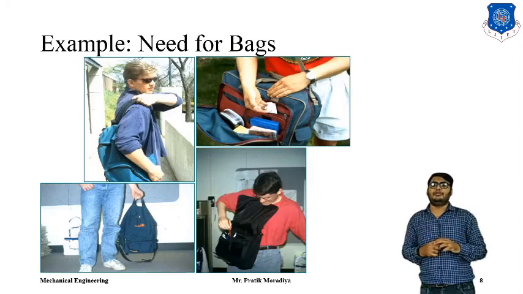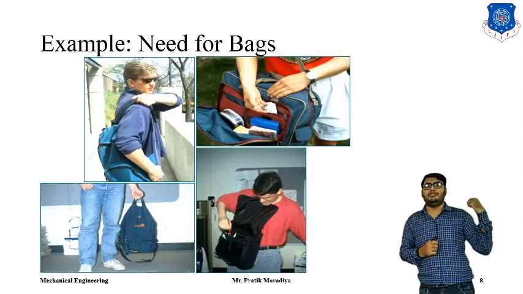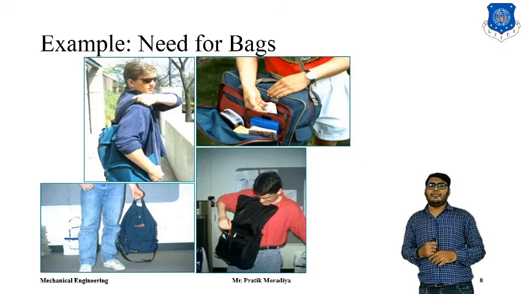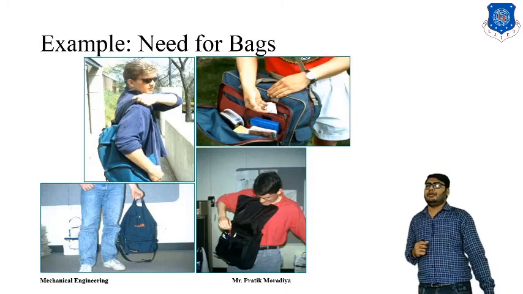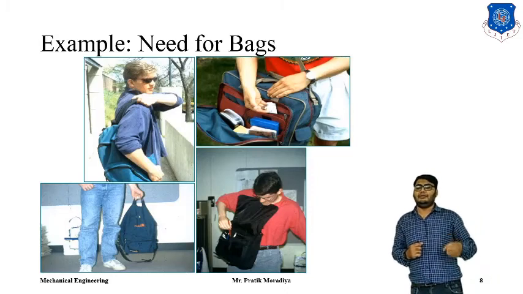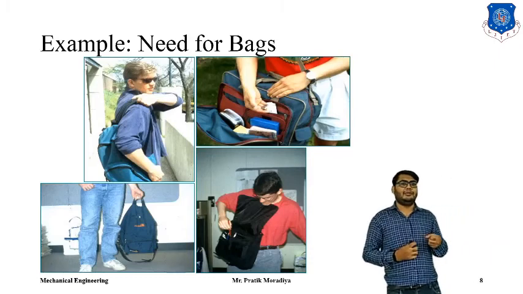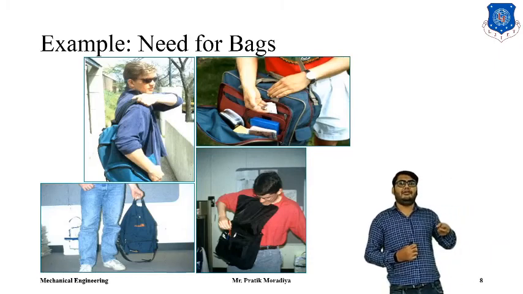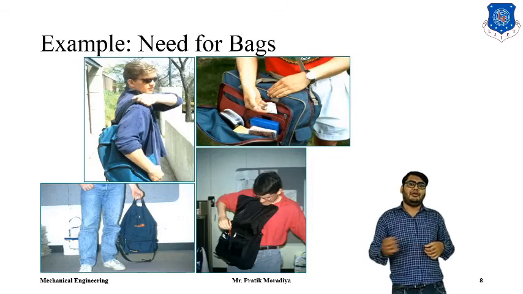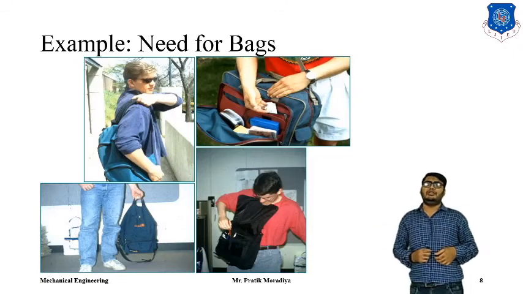If a college student is using it, he is using only one shoulder. If a salesperson is using it, he will need to open and close the bag very quickly and in uncomfortable positions. If you are traveling more with your bag, how will you weigh or lift your bag? All this is shown in these pictures.